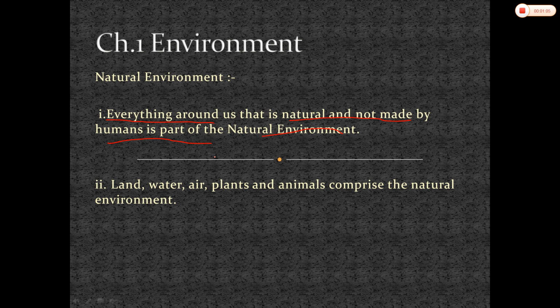In simple words, we can say that anything that surrounds any living organism is called the natural environment. And what comes under this natural environment? The land, water, air, plants, animals, all this comprises the natural environment. In this way we have learnt about the environment.